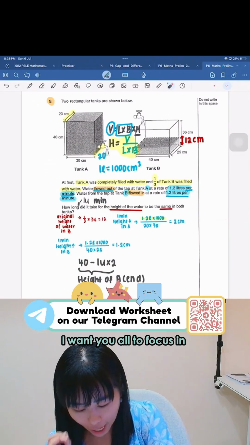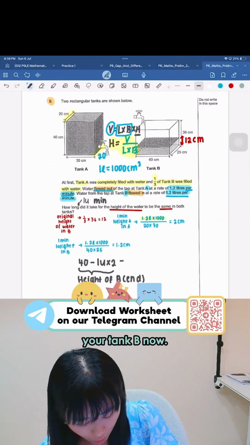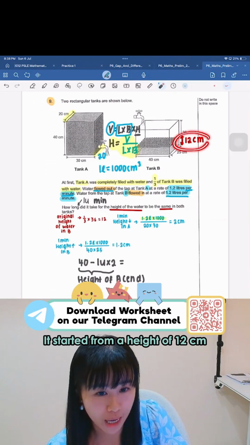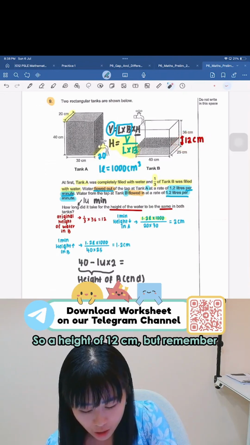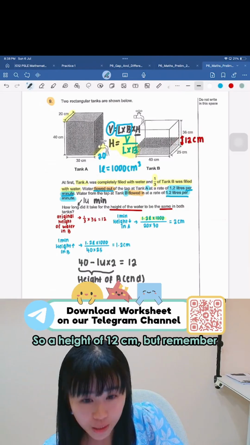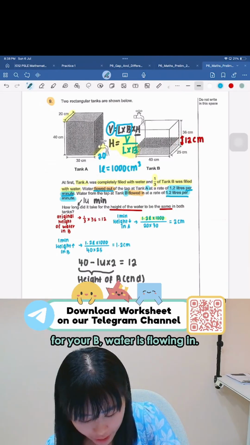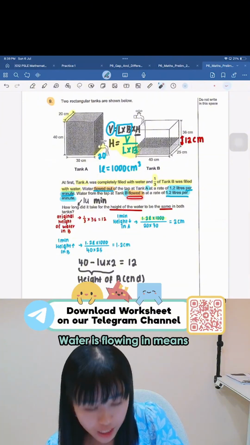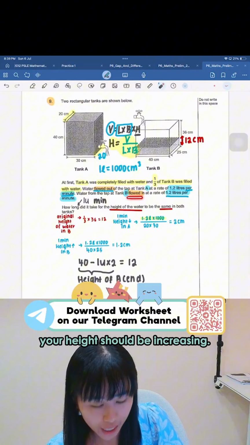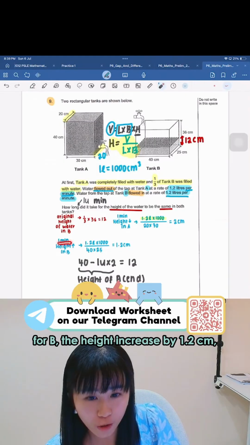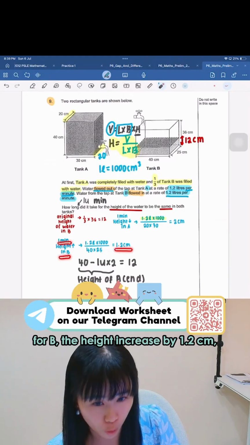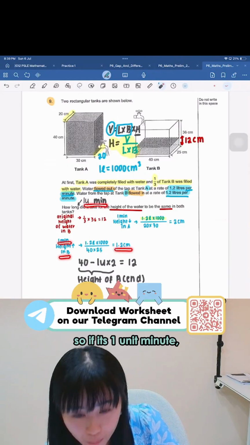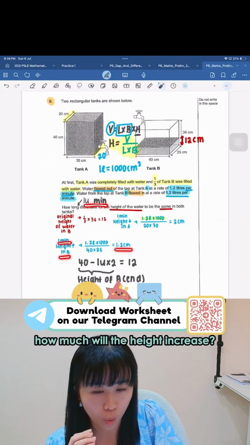Okay, now I want you all to focus on your tank B. It started from a height of 12 cm, which we found just now already, right? But remember, for your B, water is flowing in. Water is flowing in means your height should be increasing. Every 1 minute we found out for B, the height increased by 1.2. So if it's 1 unit of minute, how much will the height increase?